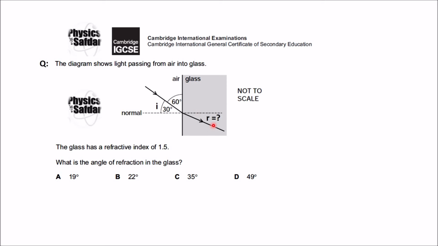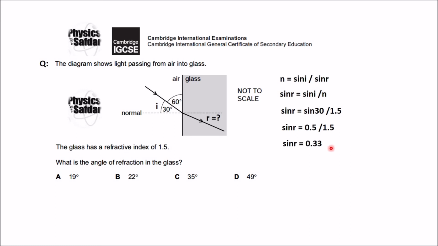First, write the formula of refractive index. It is n equals sin i over sin r. Now you make sin r the subject, then you get sin r equals sin i over n. You can substitute the values: sin 30, and n is equal to 1.5. sin 30 is equal to 0.5 and 1.5 is the refractive index as it is.